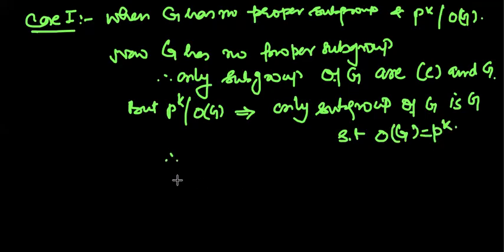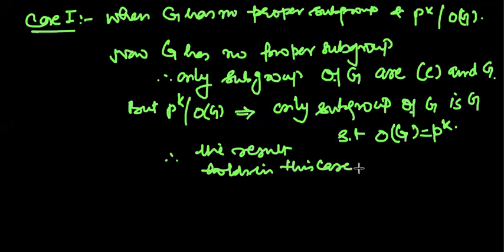So therefore, the result holds in this case. In this case, we are getting a subgroup which is itself of order p raised to power k, because it is not having any proper subgroup.